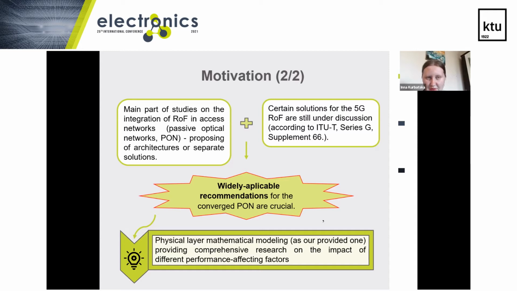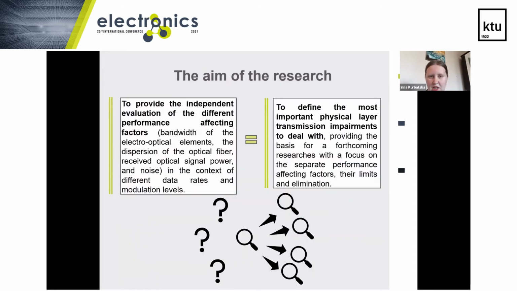Actually, this work is a part of a project where we work on mathematical modeling. For this purpose, we thought about what can be useful for this topic from the side of modeling. Modeling gives us a good opportunity to provide general results in the estimation of different impact factors, because in modeling we have wide opportunities to switch off or on some effects.